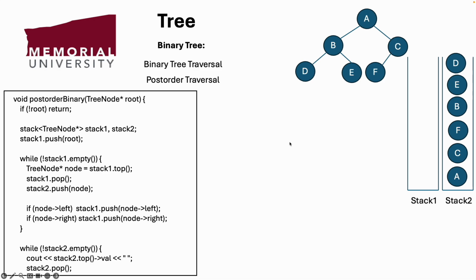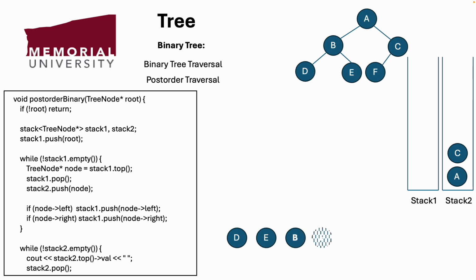So the top of stack 2 now is D, so D is printed and popped. In the same principle, display and pop, display and pop, keep going until stack 2 is empty. So the post order traversal will be D, E, B, F, C, A.